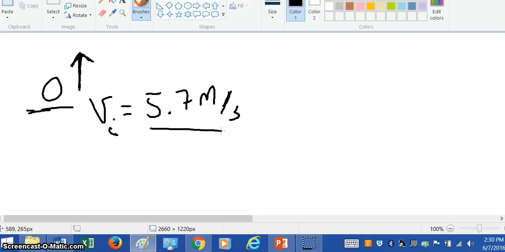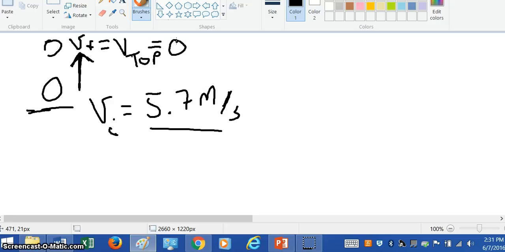Now here's the thing: when it reaches the top, the highest point, the final velocity, and this is true for any object, just throw an object up in the air and you can clearly see this, the velocity at the top is zero. This is going to be important in the next chapter about energy as well.